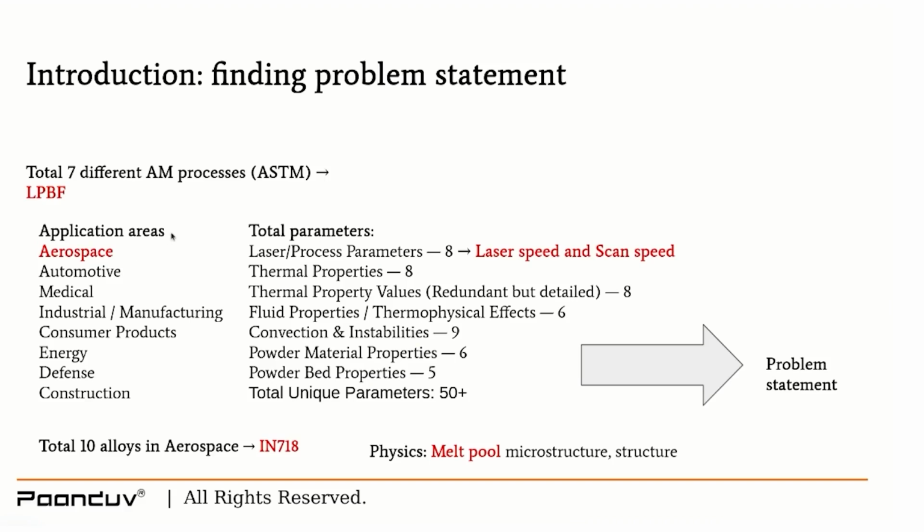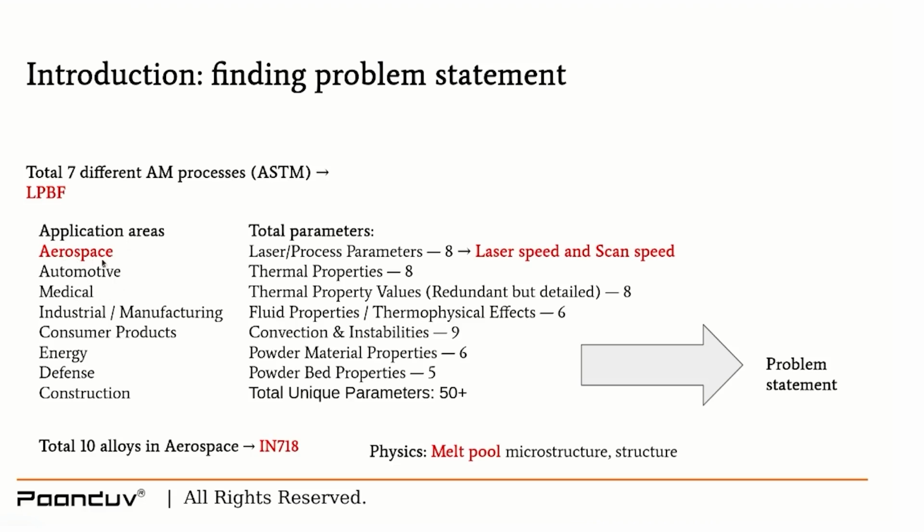Now, from billions of light years of time and space, let's come to our survival dimension, AM, additive manufacturing. So we have to narrow down the whole possible area of study. There are 7 different AM processes according to ASTM. Out of those, we will study LPBF. There are many application areas like aerospace, automotive, and medical.